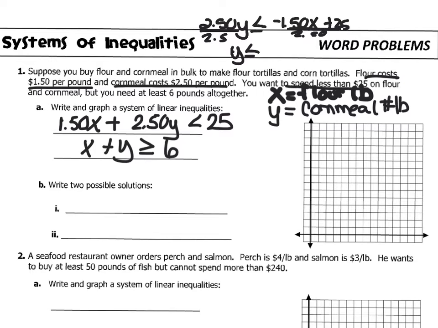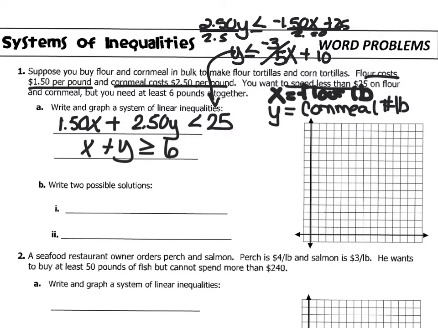So y is less than negative 1.50 over 2.50, and you can reduce that. 50 cents will go into $1.50 3 times, so negative 3, and it will go into 2.50 5 times. So negative 3/5 x plus 25 divided by 2.50 is 10. That's going to be your new equation.